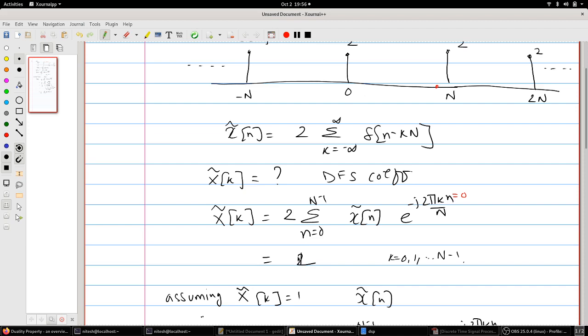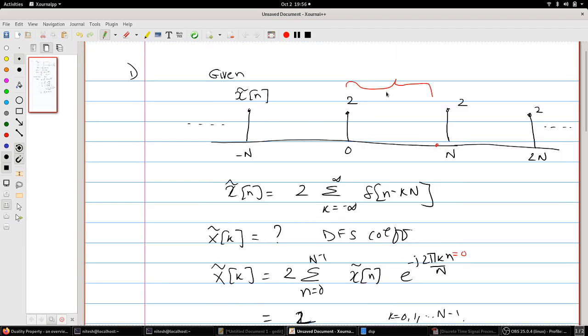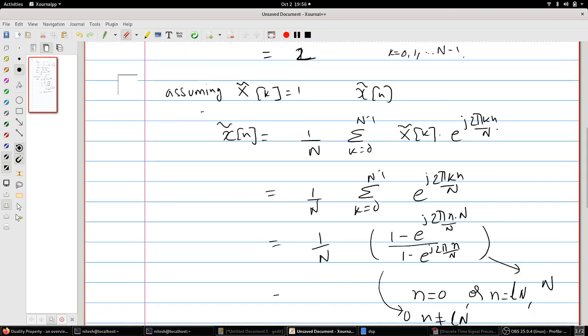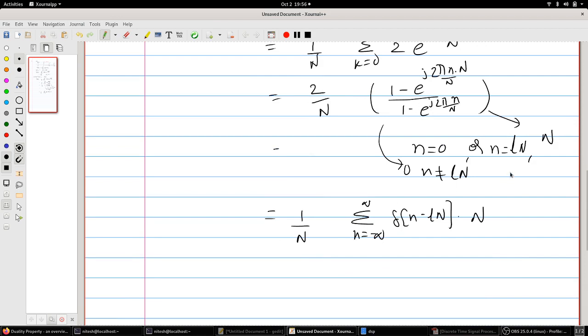Since my amplitude is 2 in this case, this value will be 2, and this value will be 2 again, so this will be 2 by N. Now this only exists at multiples of lN, so I can write this as 2 times the summation l equal to minus infinity to infinity of delta of n minus lN, right? That's your x tilde of n.